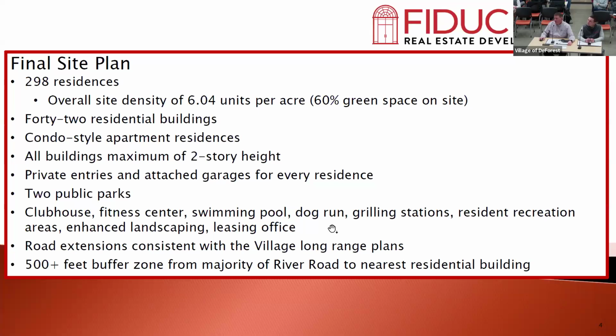Some additional enhanced landscaping and leasing offices incorporated in the clubhouse. Road extensions are consistent with the village long-range plans, and with the exception of the clubhouse and one of the buildings, we're 500 feet off of River Road. We did that for a number of reasons, as we explained at the last meeting: sound and just a nice green buffer.